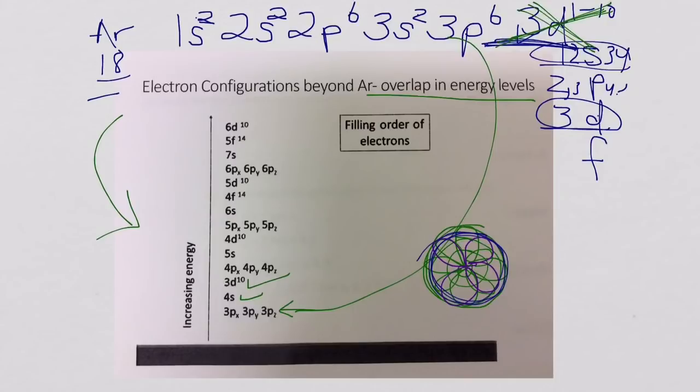The levels and energies are really close. And so what happens is, instead of having this cut and dry, you go 1, 2, 3, 4, you get this mix. So here we have a 3p, followed by a 4s, followed by a 3d, followed by a 4p, and then a 5s. So here is the way that it actually fills.